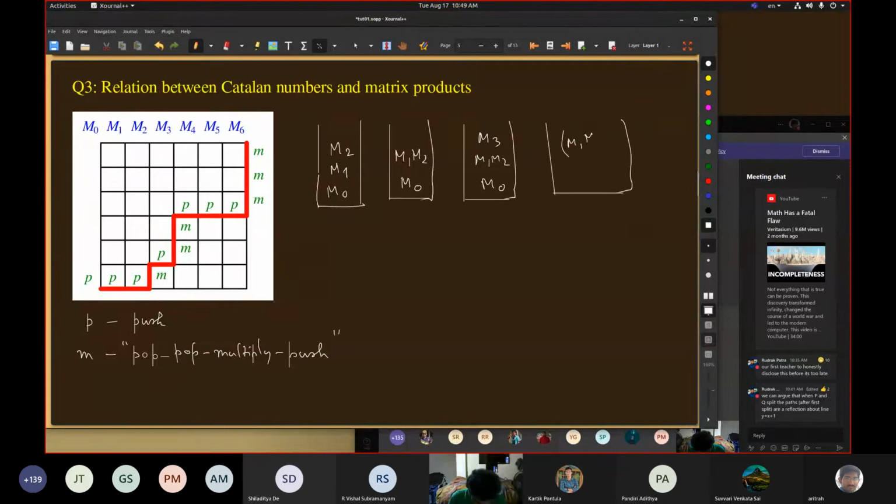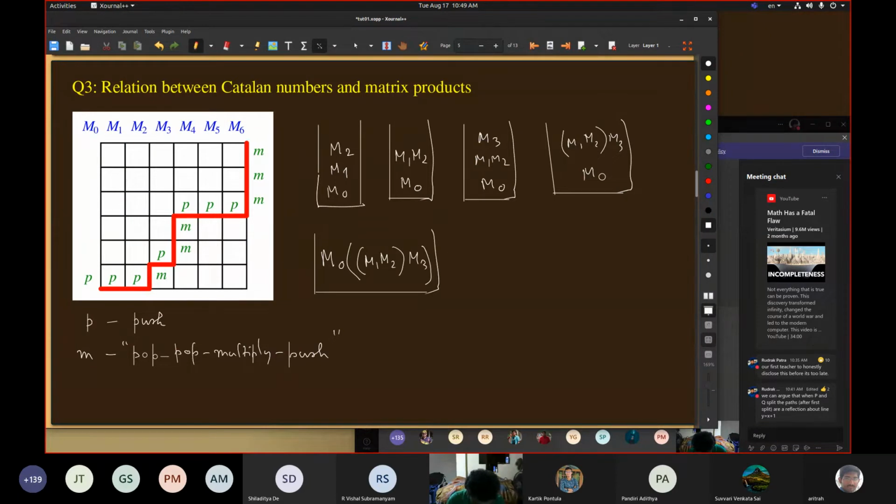This is after the first vertical movement. Then I pop this, multiply this with this and put the product. So it will be M0 times M1 M2 M3.